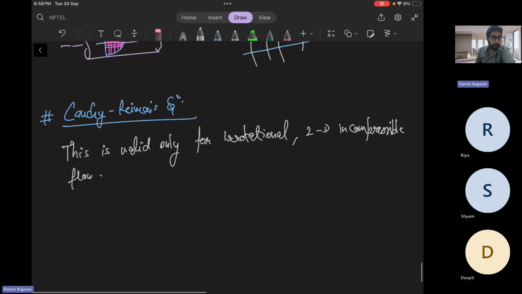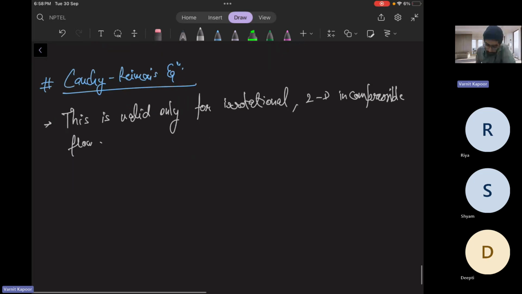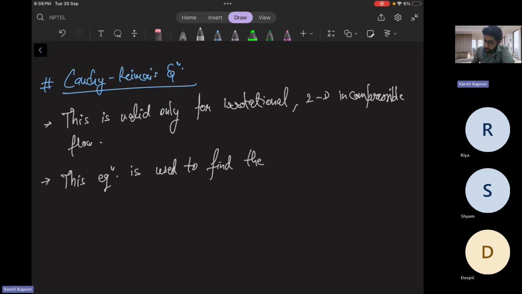And these equations are used to find the conjugates of each other, that is, the conjugate function.